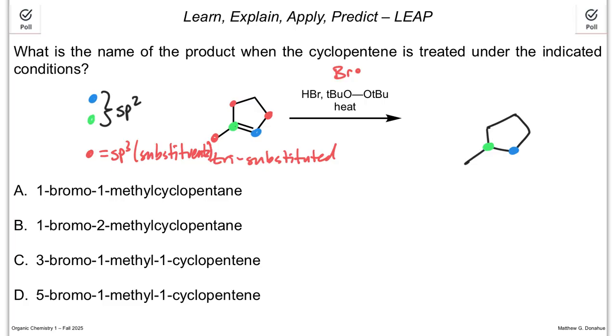So in the first case, let's take the bromine. We're going to form the bond to this blue carbon, and so that puts the radical on the green one.